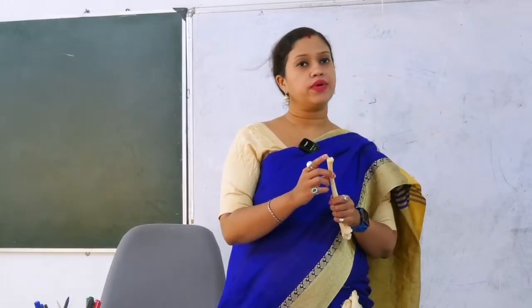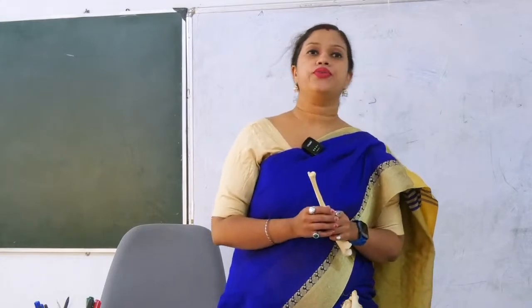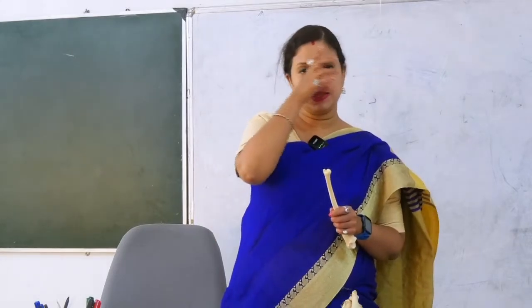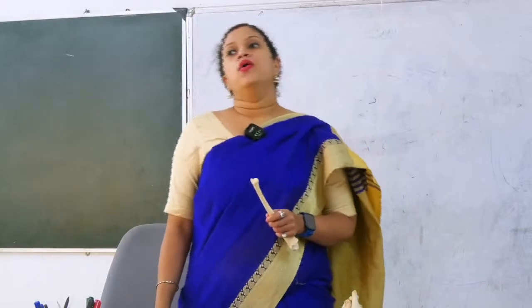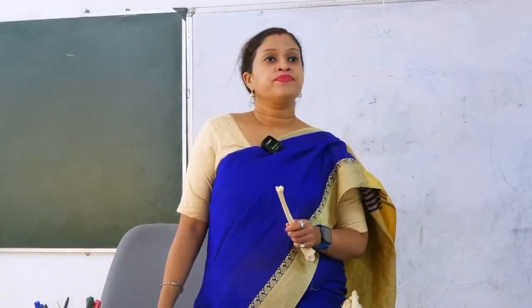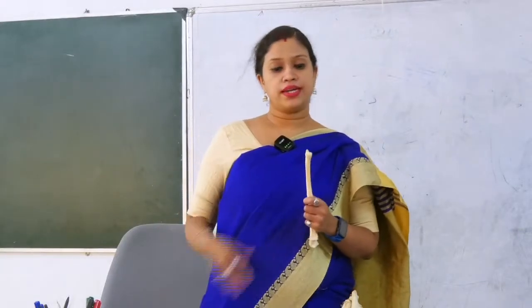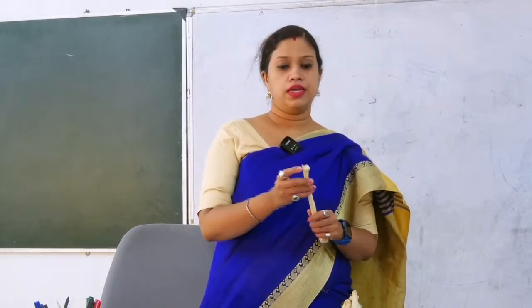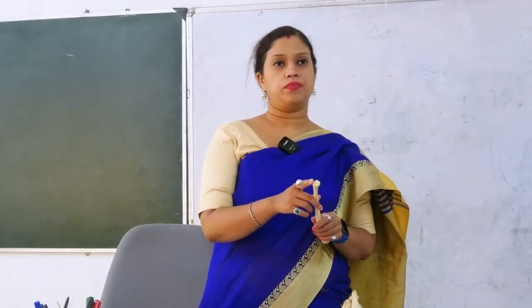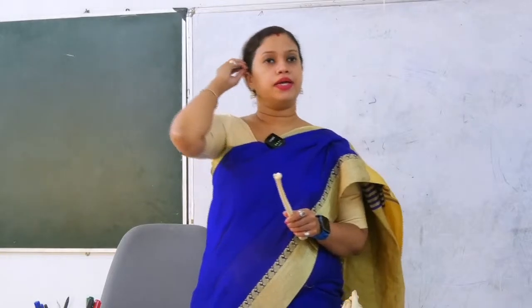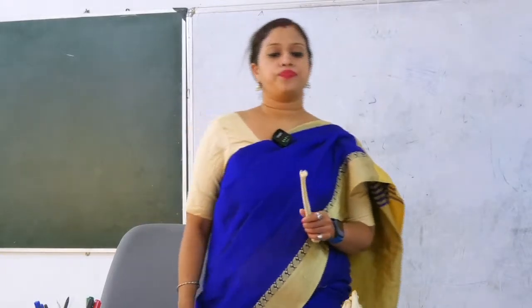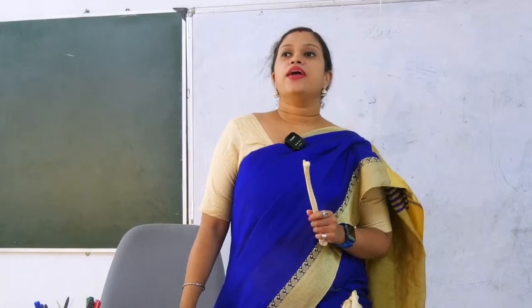So attachment of that one, and again the ulnar collateral ligament. Okay, so write it down. On the opposite side this will be the extensor retinaculum, here it will be the flexor retinaculum, and ulnar collateral ligament. Ulnar collateral ligament. Now head of the ulna.